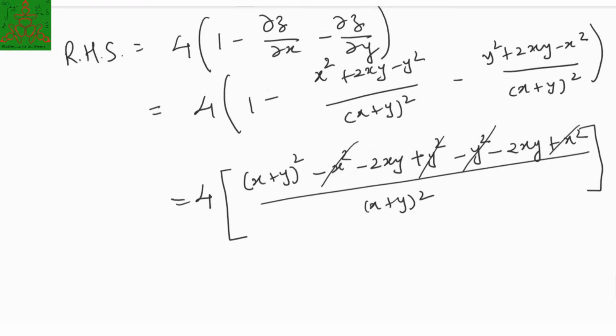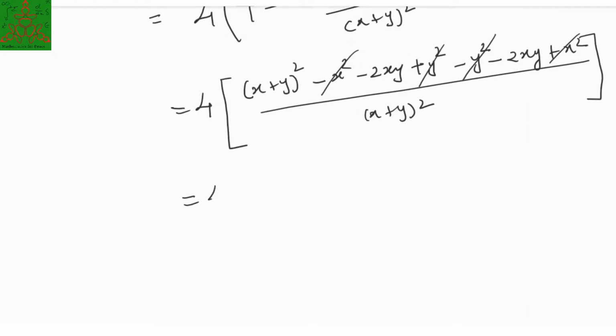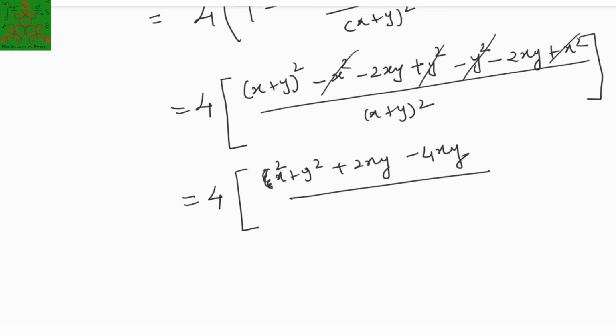So you will have 4 times x square plus y square plus 2xy minus 4xy upon (x plus y) whole square.